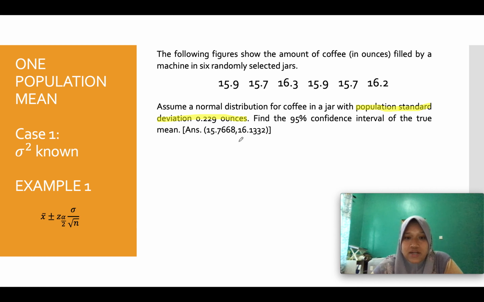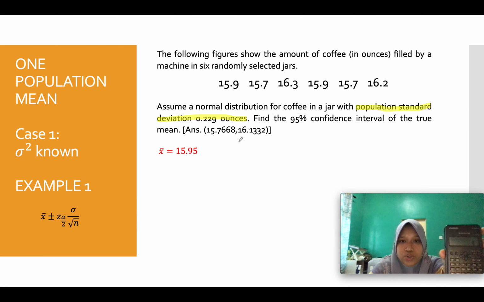So that's why it falls under case number 1. Find the 95% confidence interval of the true mean. So first, what should you do if you are given this raw data set? You have to find the value of x bar, by using your calculator.